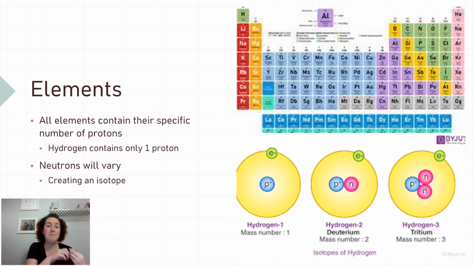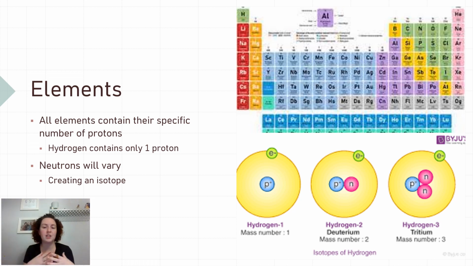But the thing that makes all of these super fun and interesting is that the number of neutrons can vary. Protons are positively charged, electrons are negatively charged, but neutrons are just there. And when an element has more than the typical amount of neutrons, that is when we start to develop isotopes.